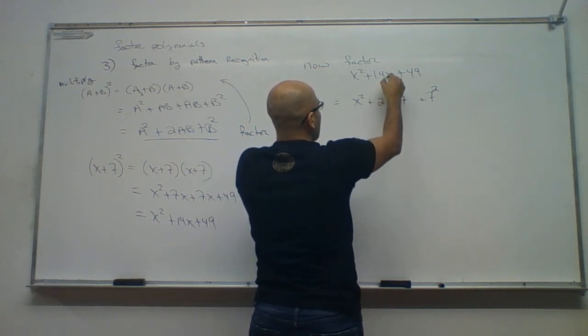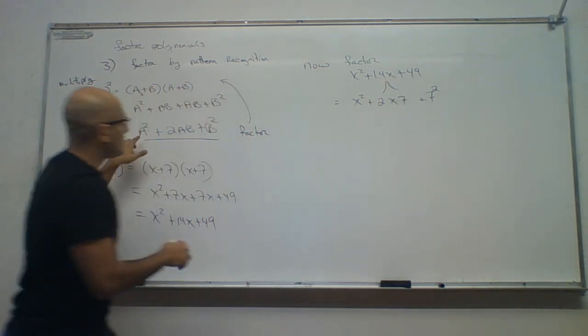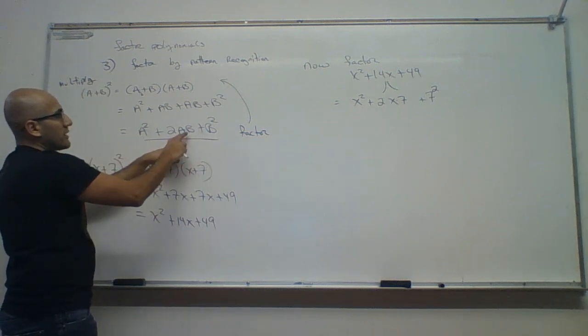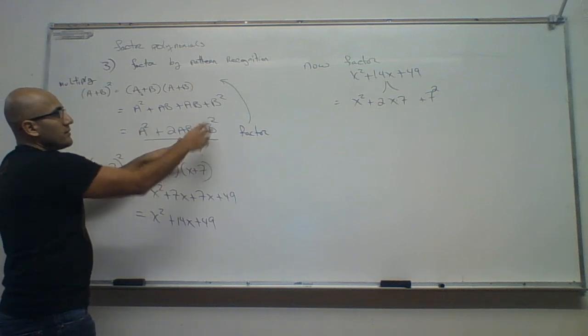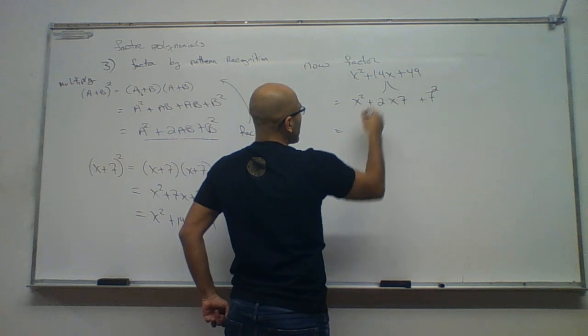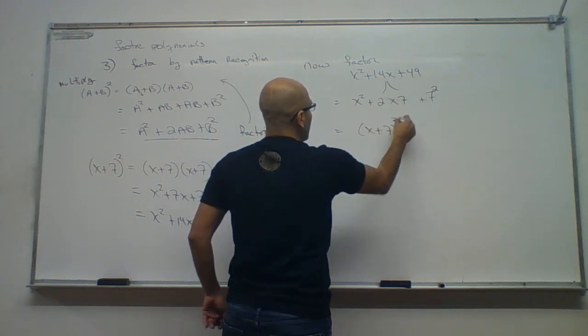This is exactly the same thing as that. This fits this pattern. Something squared in the beginning, something squared at the end, the middle part is twice the two things that you're squaring. It fits this pattern, so all you'd have to do at this point, since you've recognized it, is just to say that this is equal to that.